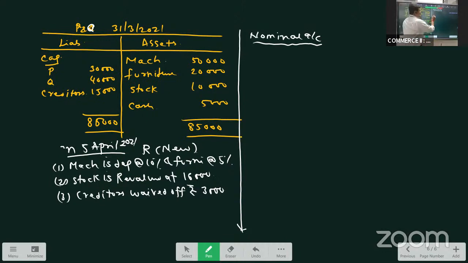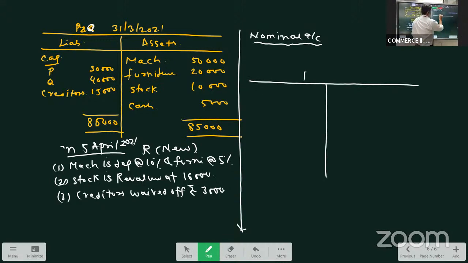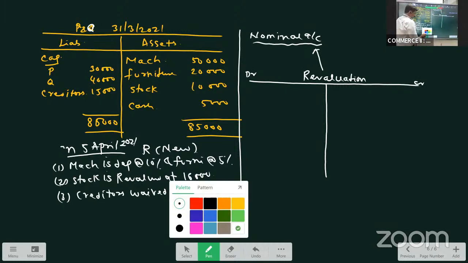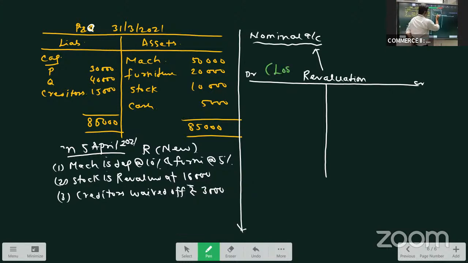Okay, so let us have a format of revaluation account. If I am preparing a revaluation account, what is the nature of this account? I said it is a nominal account. What is the rule? Debit all expenses and losses, credit all incomes and gains. If there is any loss because of revaluation of asset or liabilities, we have to take it on the debit side.